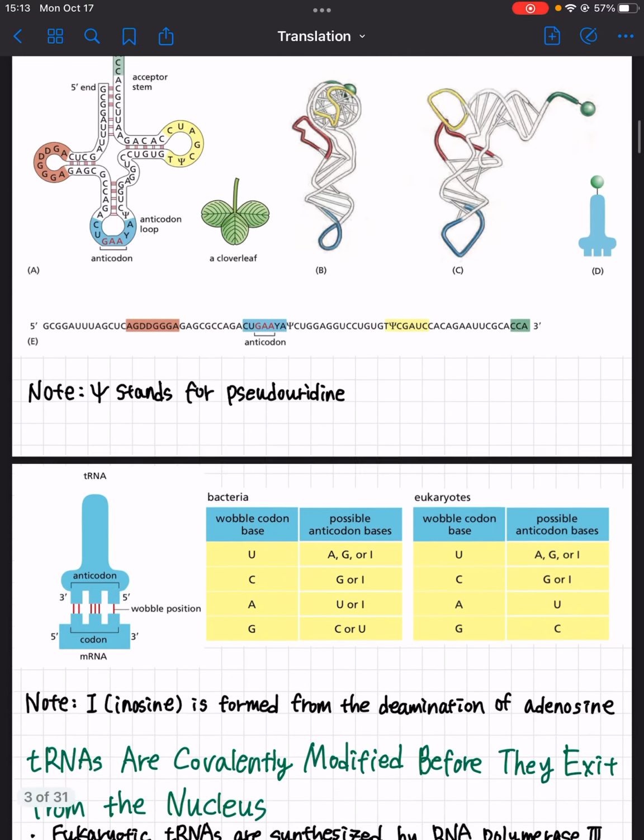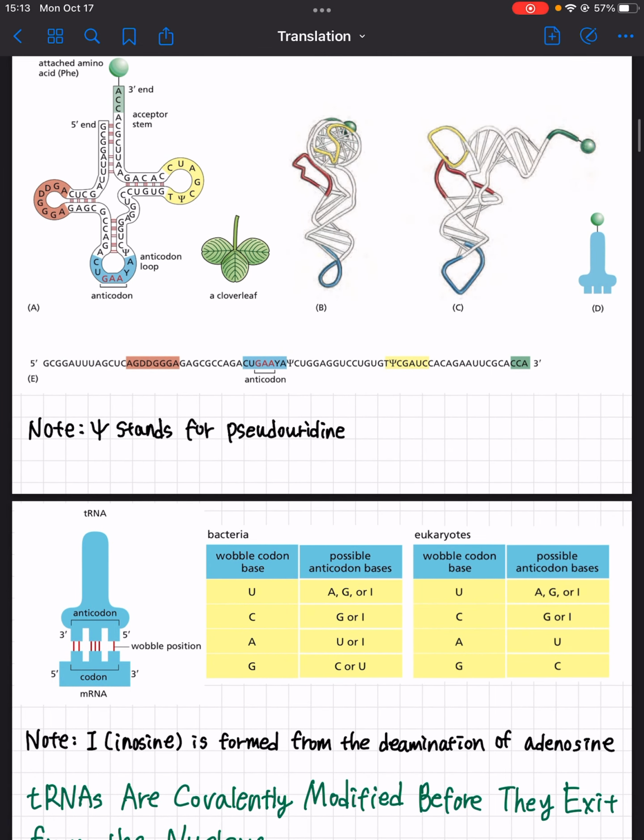So, all tRNAs are modified chemically. Nearly 1 in 10 nucleotides in each mature tRNA molecule is an altered version of a standard G, U, C, or A ribonucleotide.